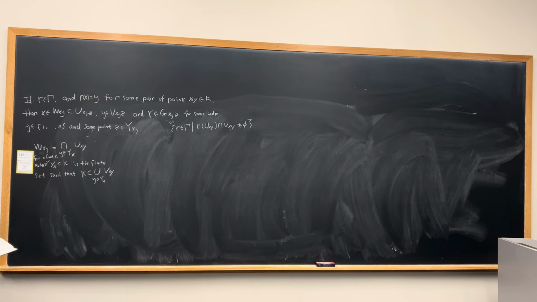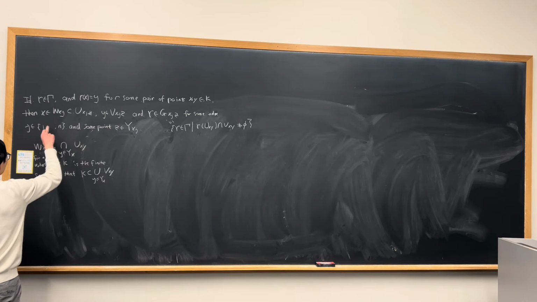If small gamma is in big gamma, and gamma x equals y for some pair of points, then for some index, this is true because this is a covering.